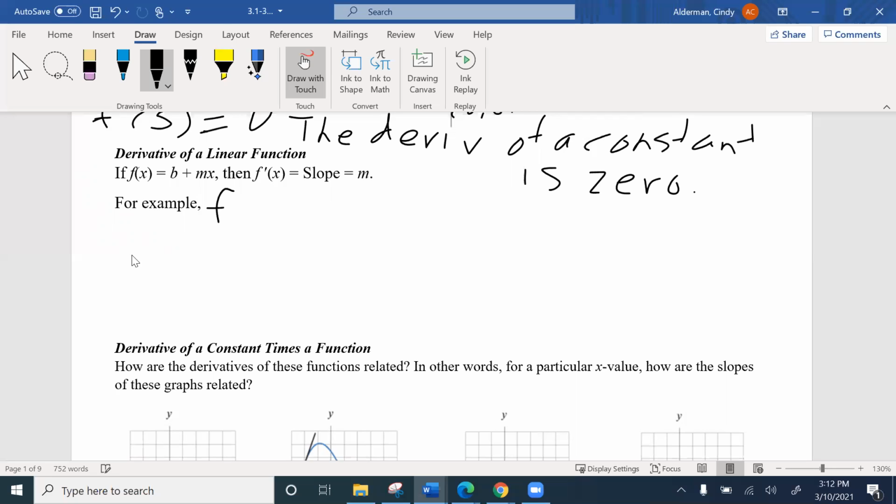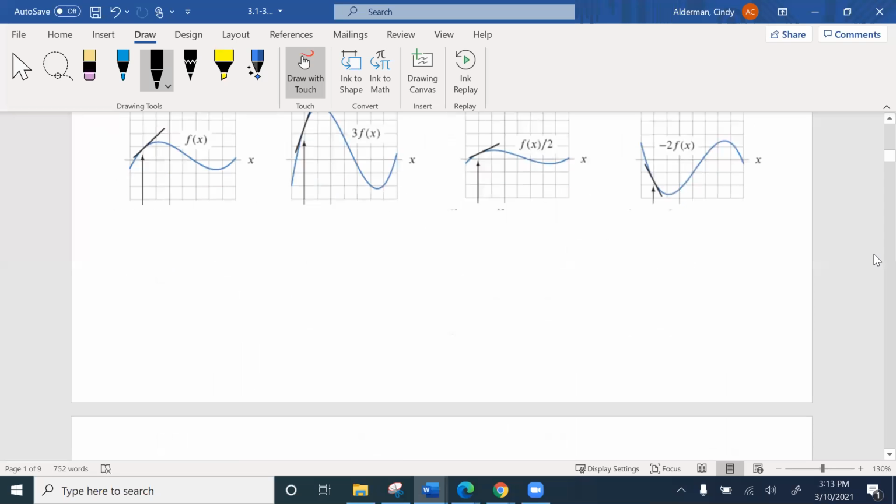So for example, if we have f of x equals negative 3 over 2 x plus 5, then the derivative of that function, f prime of x, is going to be equal to whatever the slope is in the linear function. And the slope of the linear function is what in this case? So, yeah, negative 3 over 2, right?